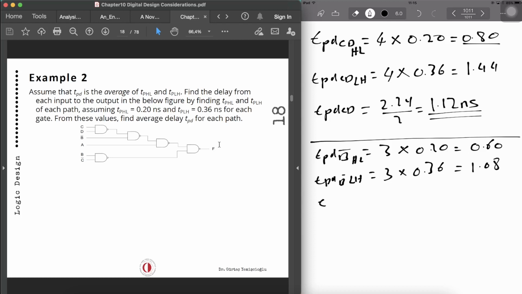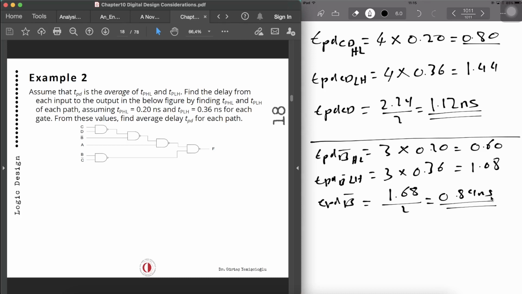So then tPD for B prime is going to be 1.68 divided by 2, 0.84 nanosecond. Okay, so from this point to output F, we need 0.84 nanosecond.